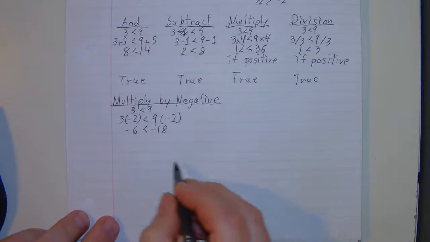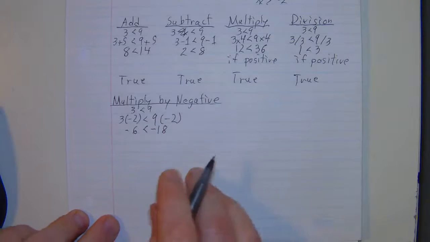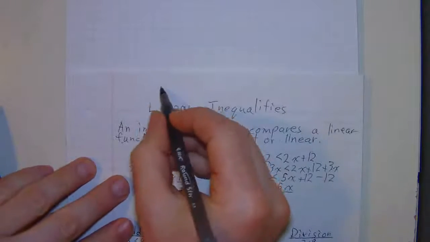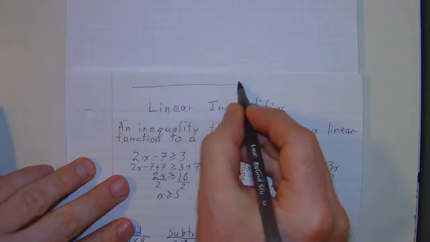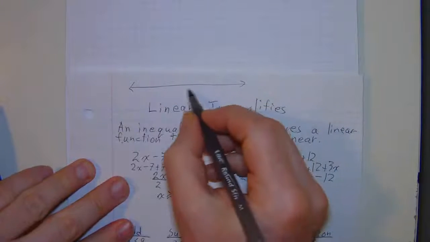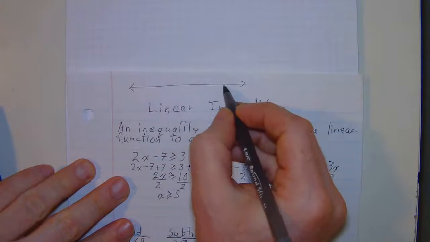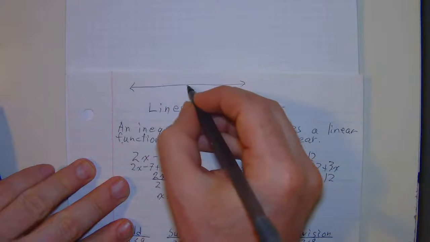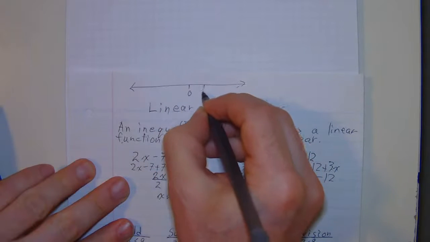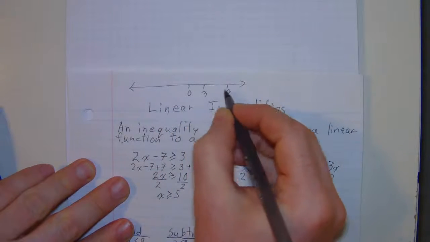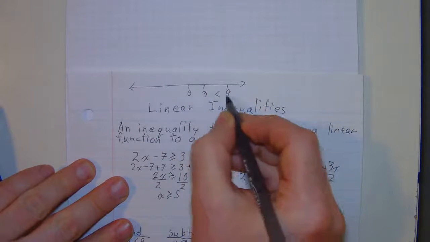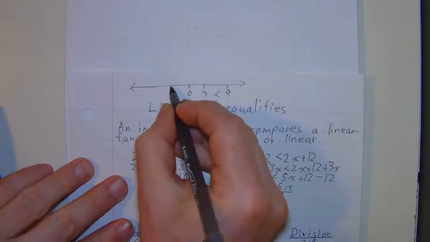You might recall that if we have a number line, numbers that are greater than are on the right of numbers that they are greater than. So we have 0, we had 3, somewhere up here was 9. 9 is greater than 3 because it is to the right of it on the number line.